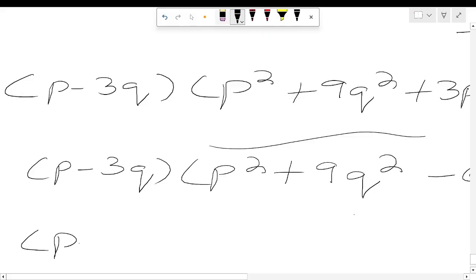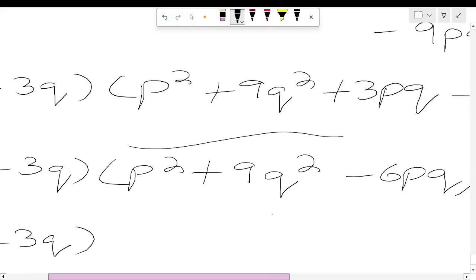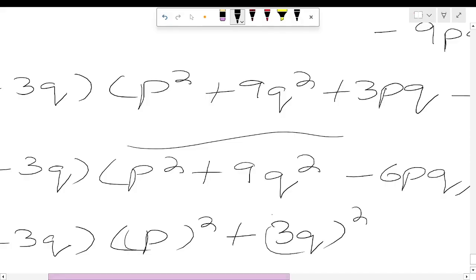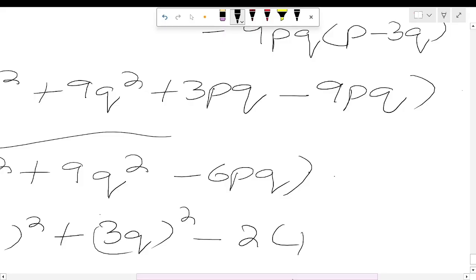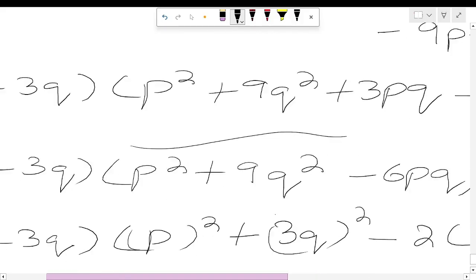So let's write p minus 3q. It will remain the same, no changes to that, but p square will be written as p whole square added with, instead of 9q square we're gonna write 3q whole square, and then this is 2ab, so we need to expand it to, so we'll write 2, then we have a as p and b as 3q, so we expanded it.